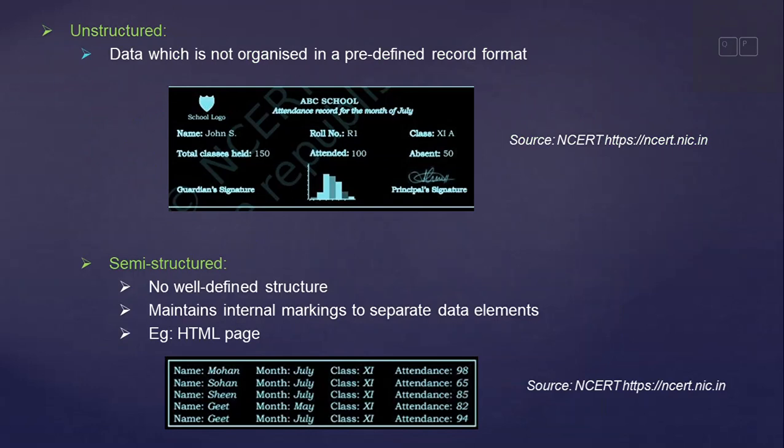Next is unstructured, which is not organized in a predefined record format, whereas semi-structured does not have a well-defined structure, but it has internal markings to separate the data elements, including a CSV file and an HTML page.